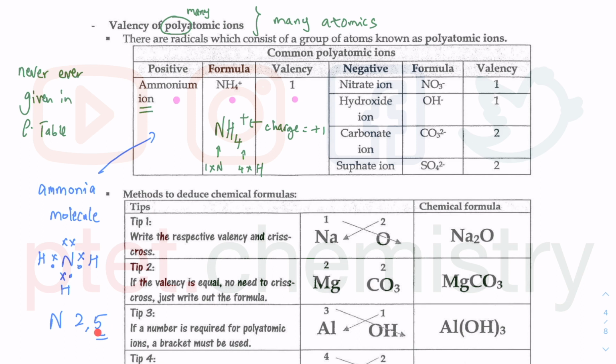This is group 5, so it's got 5 valence electrons: 1, 2, 3, 4, 5. It uses 3 for bonding: 1, 2, and 3. These are covalent bonds. That's why these are molecules.